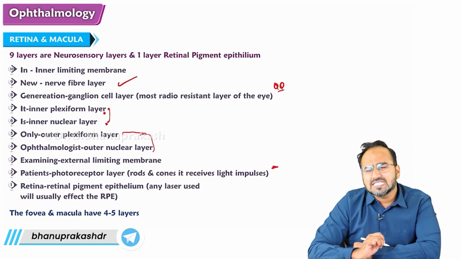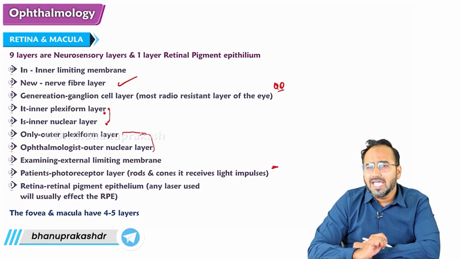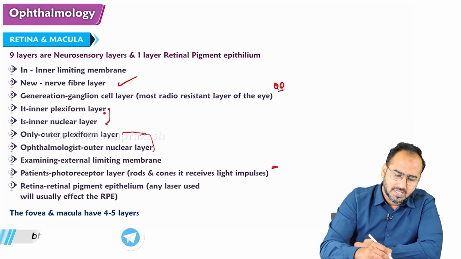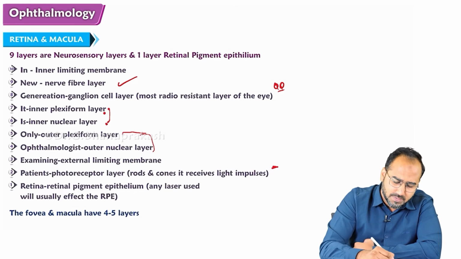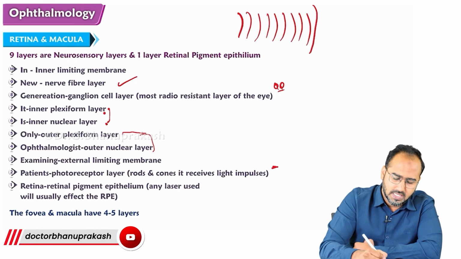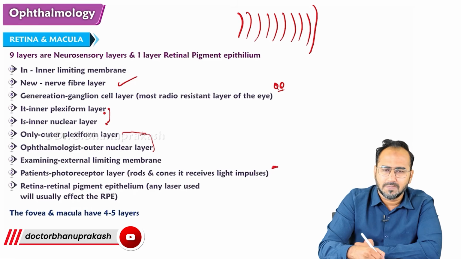Now, why are we discussing the layers of the eye? Because there is a condition called retinal detachment. So, imagine guys, these are the layers 1, 2, 3, 4, 5, 6, 7, 8, 9, and this is what, guys? 10. Retinal pigmentary epithelium.